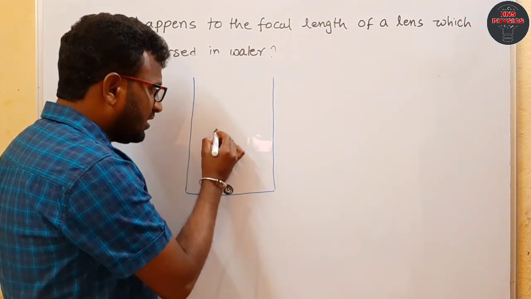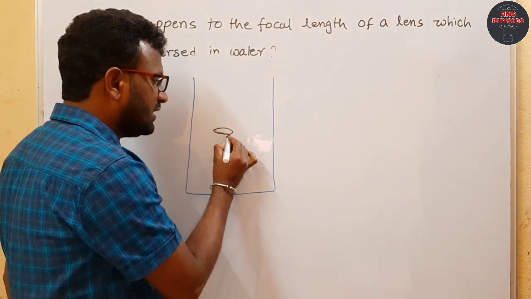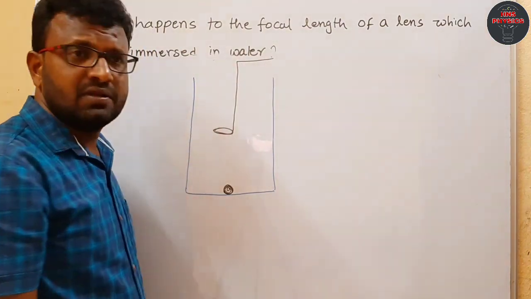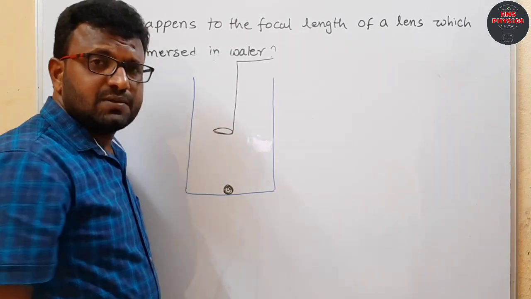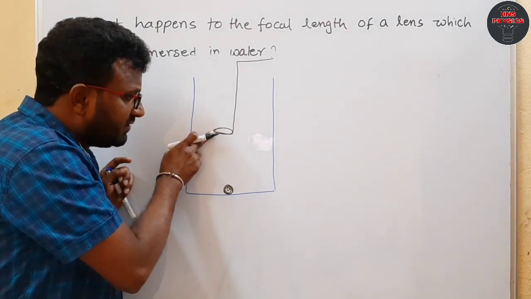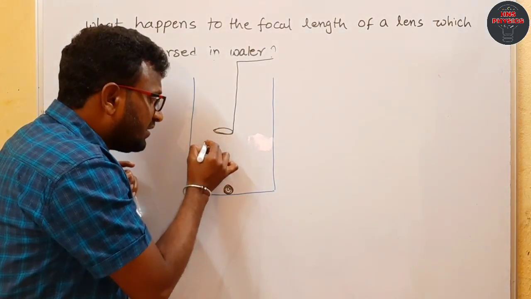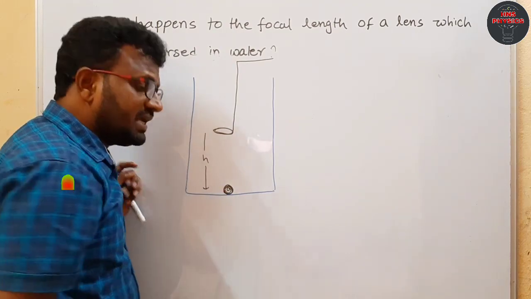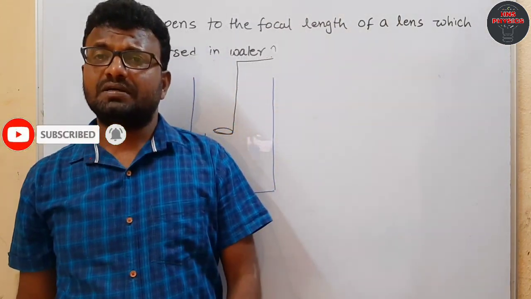Now take the convex lens with the help of the circular lens holder. This is a circular lens holder. Now you can set the distance between the lens and the stone equal to the focal length of the lens or less than the focal length.